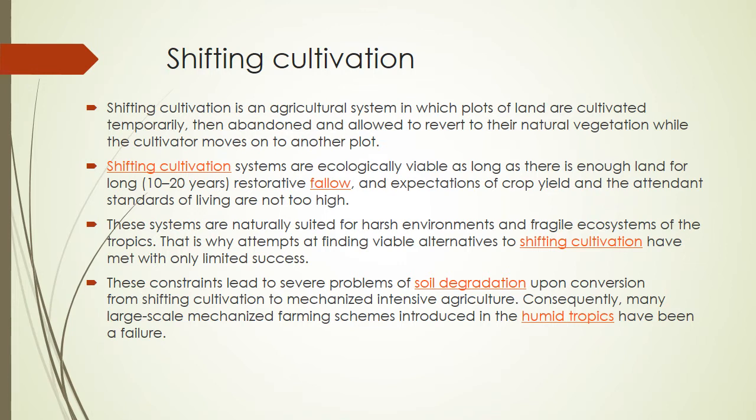These constraints lead to severe problems of soil degradation upon conversion from shifting cultivation to mechanized intensive agriculture. Consequently, many large-scale mechanized farming schemes introduced in the humid tropics have been a failure.